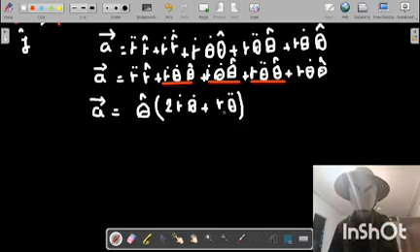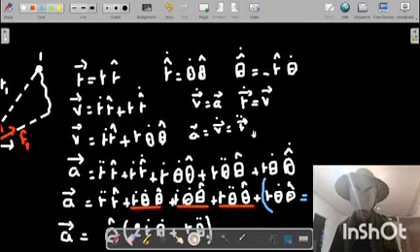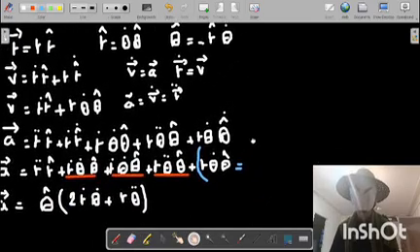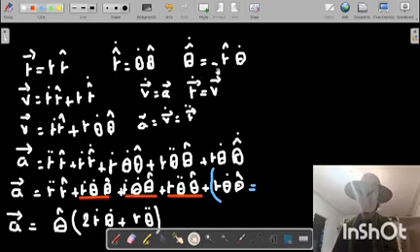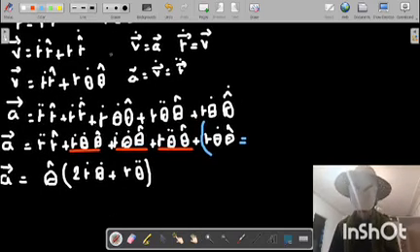Now, let me tell you this. By the equation we know, which is right here, theta hat dot is negative R hat theta dot. So this is equal to, let's use the color green, why not?